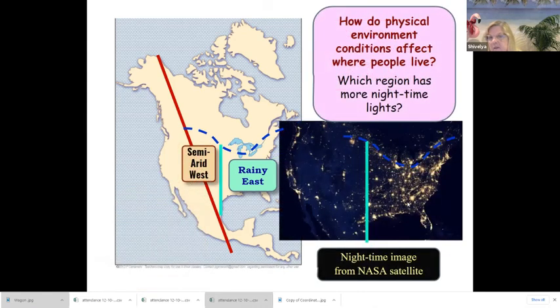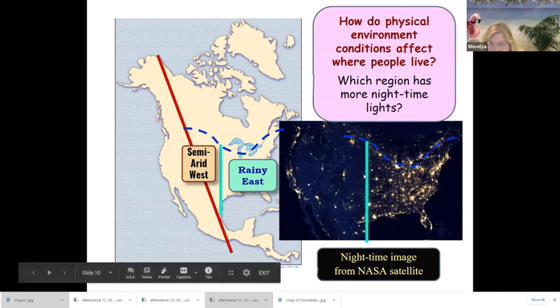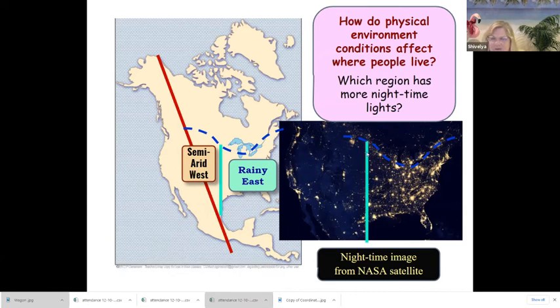This is a cool image that's also in the Giants PowerPoint. Again, we get these different ways of presenting that same information. With this satellite image, we've superimposed the water line, so to speak, what divides the rainy east from the semi-arid west.